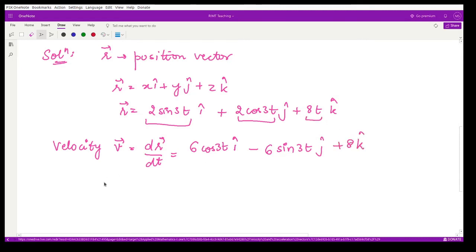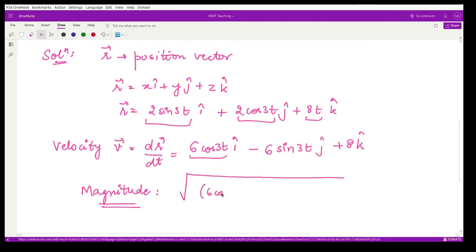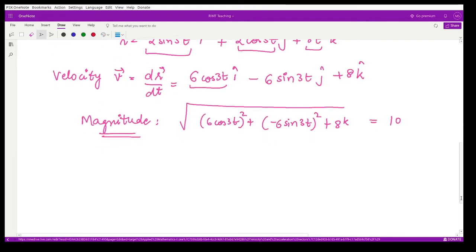So this is the velocity, and its magnitude can be calculated by taking the square root of the sum of squares of the components: 6 cos 3t whole square plus minus 6 sine 3t whole square plus 8 whole square. Finally it comes out to be equal to 10. You can solve this and verify it yourself.